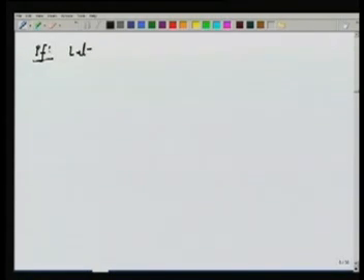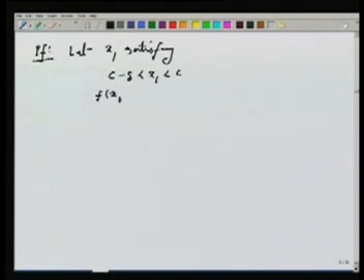Let x1 satisfy c minus delta less than x1 less than c. Then I can say that x1 is certainly less than or equal to the limit as x goes to c minus of f(x). Why so? Because when I look at x going to c minus, it means that I am approaching c from the left hand side.